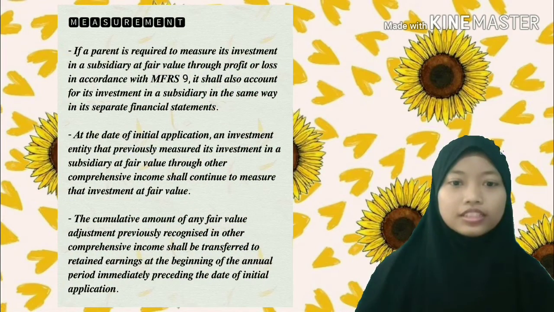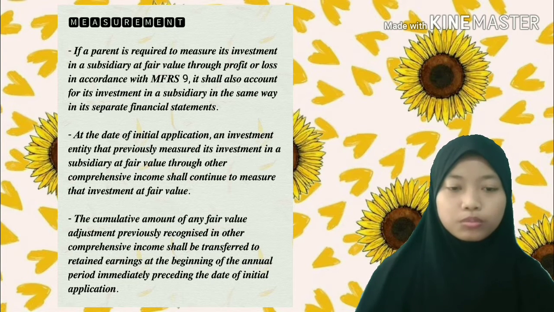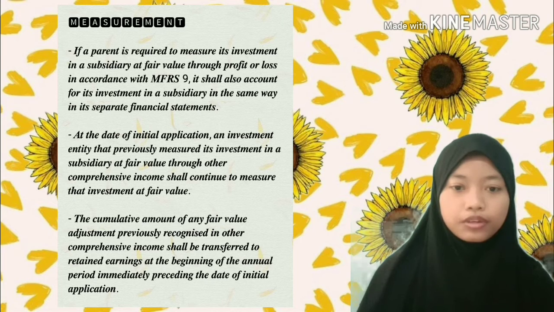For measurement, if a parent is required to measure its investment in a subsidiary at fair value through profit or loss in accordance with MFRS 9, it shall also account for its investment in a subsidiary in the same way in its separate financial statements.